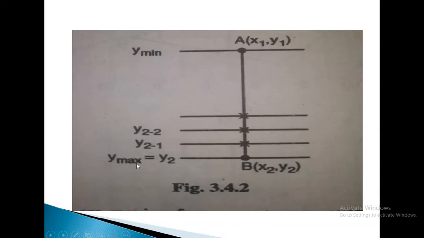Starting from Ymax, there is y2, and every time we decrease the y value by 1, that is y2 minus 1, y2 minus 2, and so on.